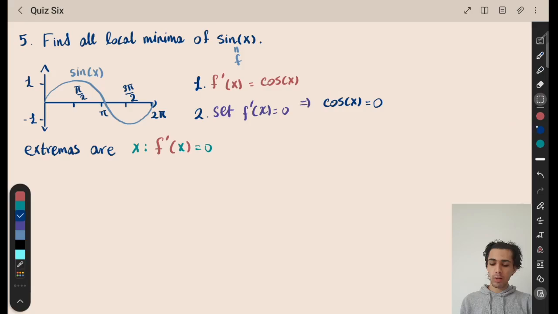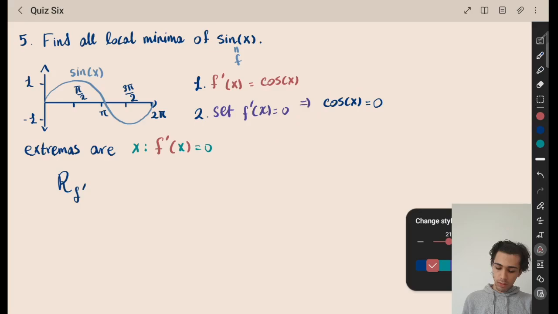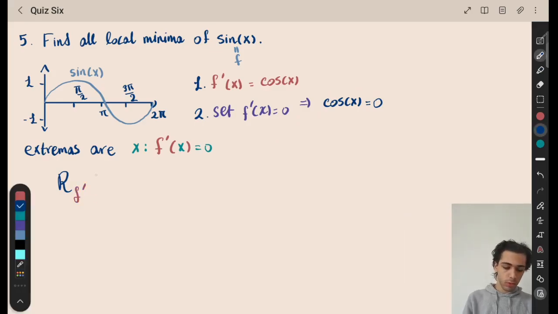Okay, but then if this is cosine of x, then what is the set of roots of f prime, which is the cosine function? Well, first thing you need to do is you need to actually draw the function.